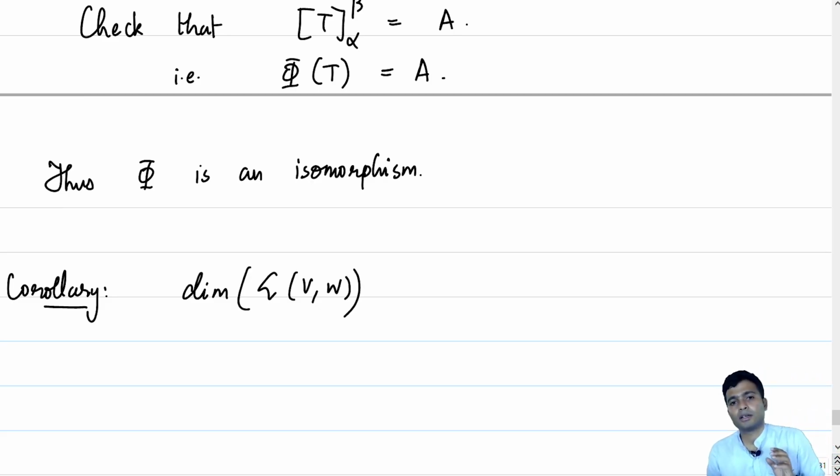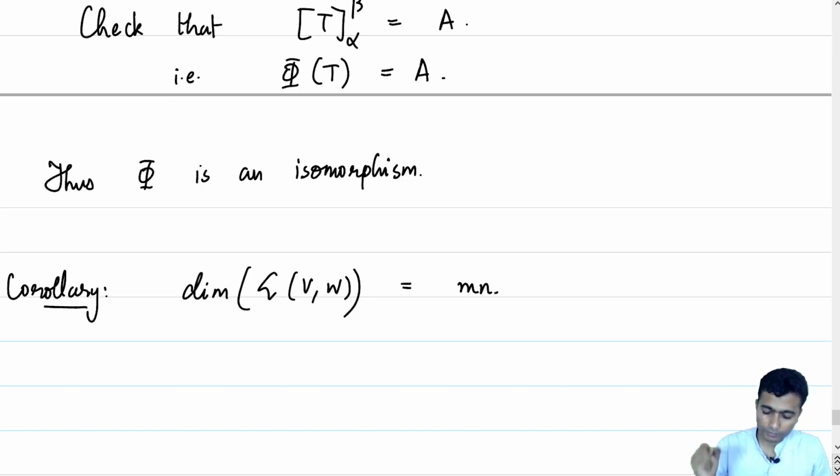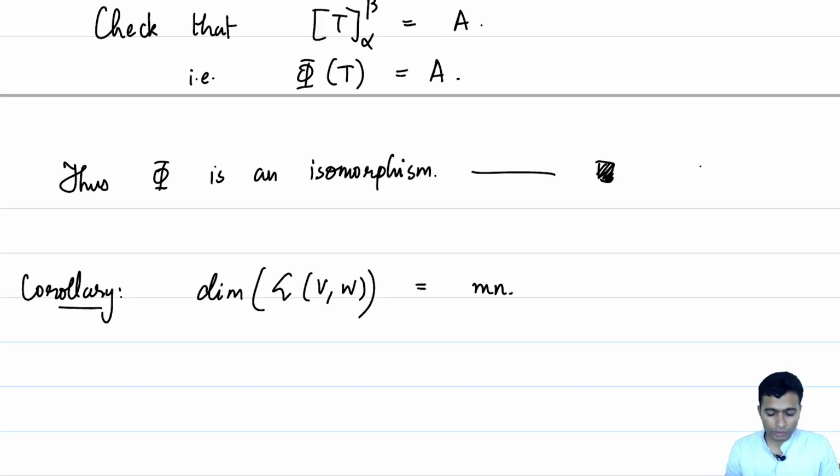Remember that two vector spaces are isomorphic if and only if the dimensions are the same. So the dimension of L of V, W is nothing but the dimension of the m cross n matrices over R, which is equal to m times n. So the corollary states that the dimension of L of V, W is mn. Okay, let me stop here.